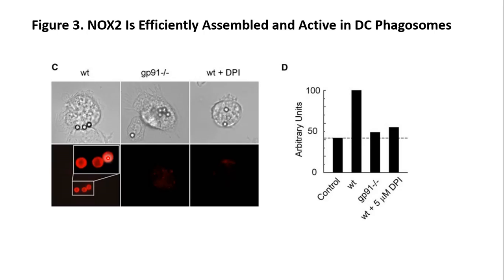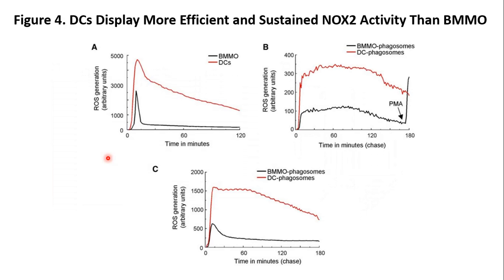And since DCs, like macrophages, have been shown to produce ROS during phagocytosis or after activation, to compare ROS production over time in DCs and macrophages, they used conventional luminol-based techniques for ROS quantification. So they compared bone marrow derived macrophages to DCs, and they did this quantification.